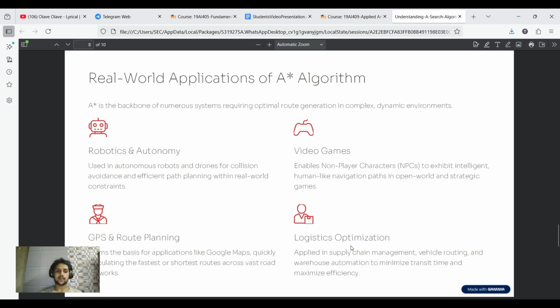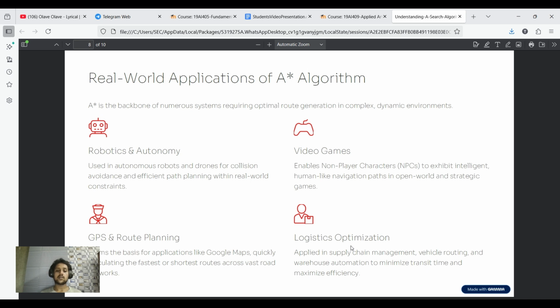Now let's see the real-time applications of the A star algorithm, where and how it is used. First, robotics and the autonomous industry. It is used in autonomous robots and drones for collision avoidance and effective path planning with real-time constraints. Second one is GPS and route planning platforms. They use the A star algorithm.